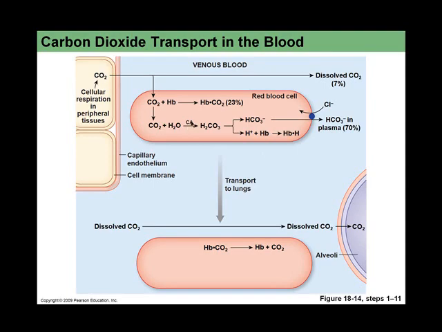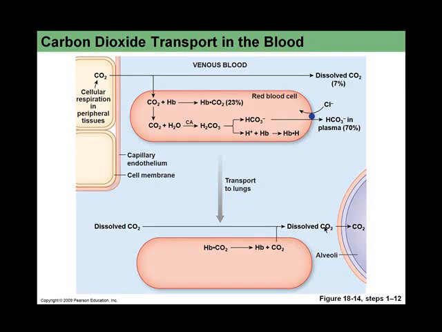And don't forget our very important friend, the carbonic anhydrase, that's going to come back into play here. So now at the lungs, remember we said that the pressure gradient is dissolved carbon dioxide in the plasma versus the gaseous carbon dioxide in the alveolus. That's the pressure gradient that is generated.